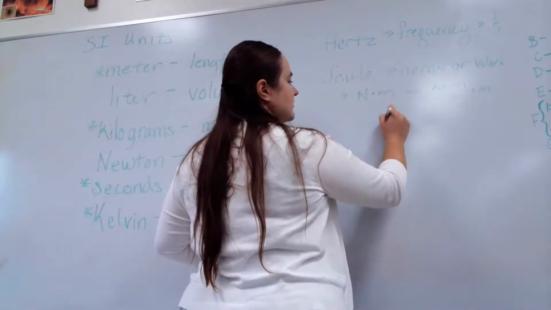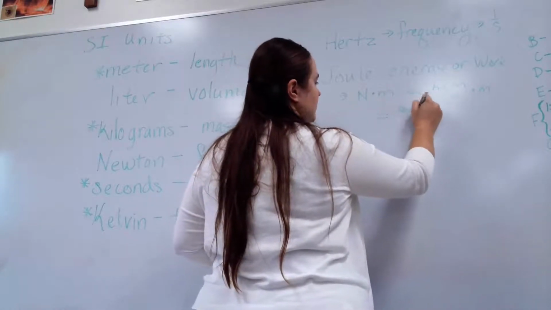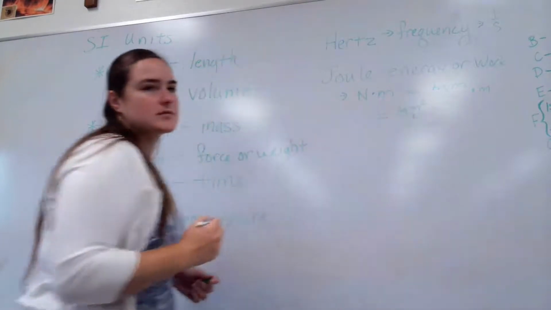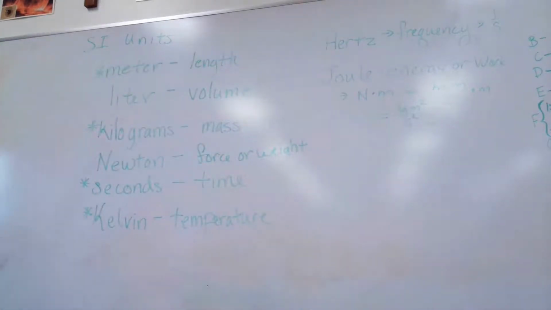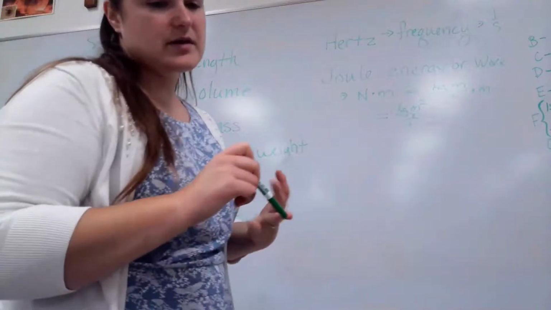So our final breakdown of joules is going to be kilograms meters squared over seconds squared. It's a little bit more complicated, but when we compare it to our newtons, all we did was add a factor of meters. Does that make sense? Okay, so we've got energy, we've got force.